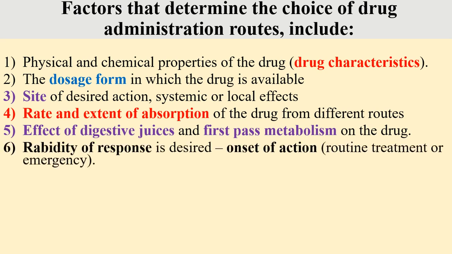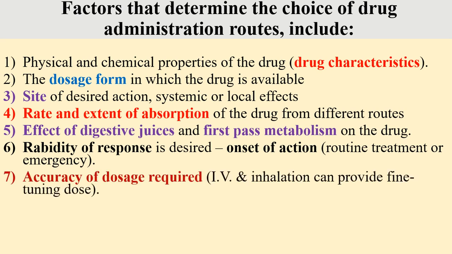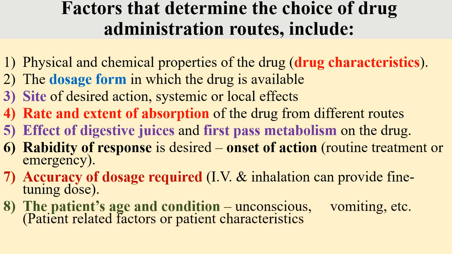And also how rapidly the response reaches the desired effect, that means the onset of action, especially in emergency cases. Also, accuracy of dosage required if it is intravenous or inhalation, and finally the patient's age and condition is very important to help us choose the correct route of drug administration, if the patient is unconscious or vomiting or something like that.